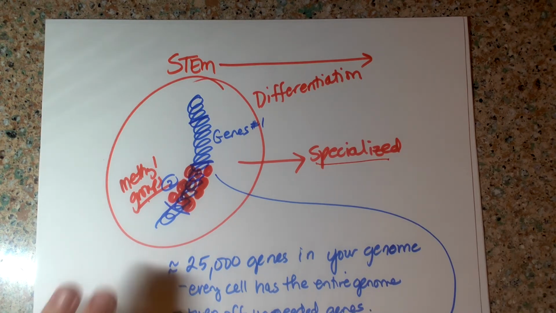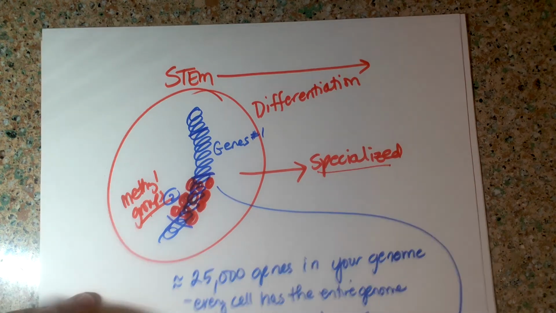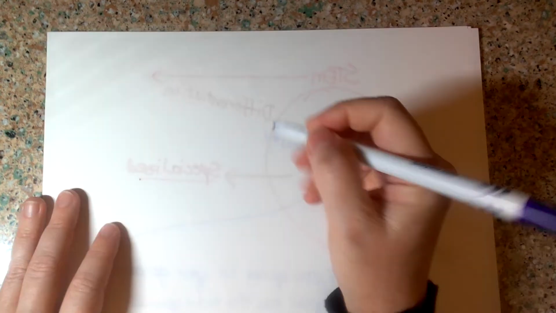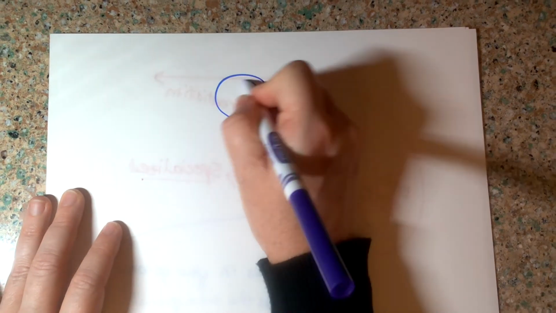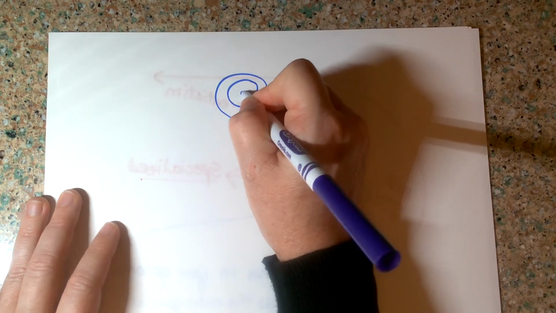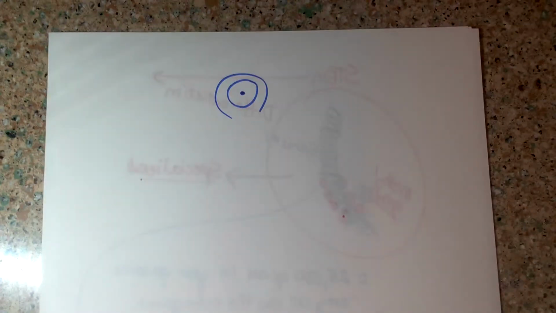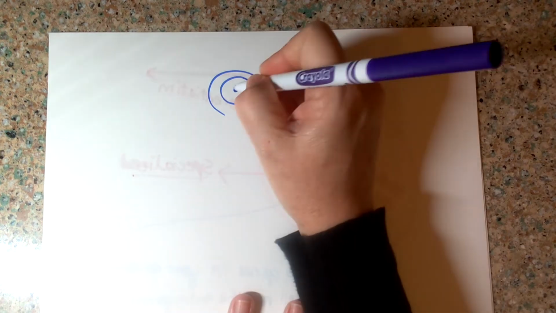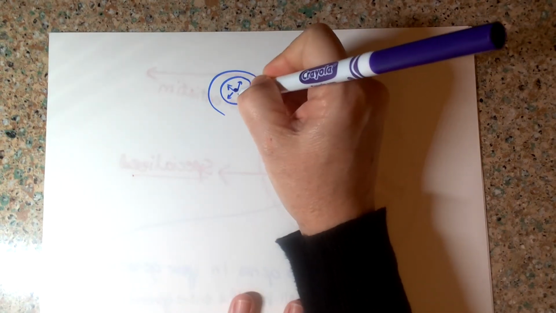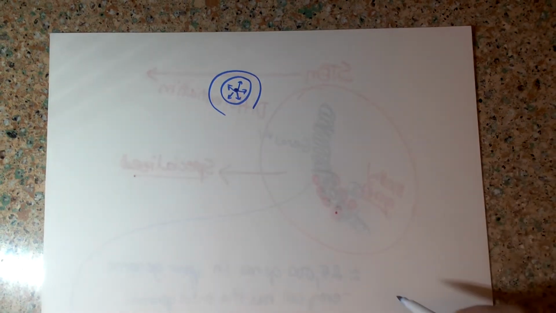So in your body, you have these stem cells. And I told you that your brain has a nice little package of stem cells dead in the center that have not specialized, they haven't differentiated, and so they can actually turn into new brain cells.